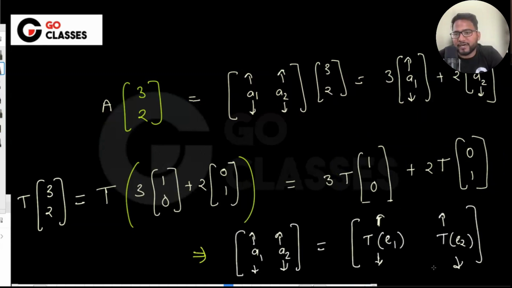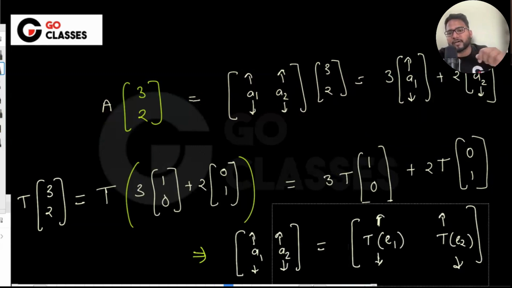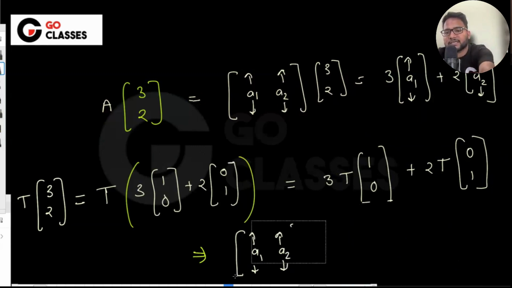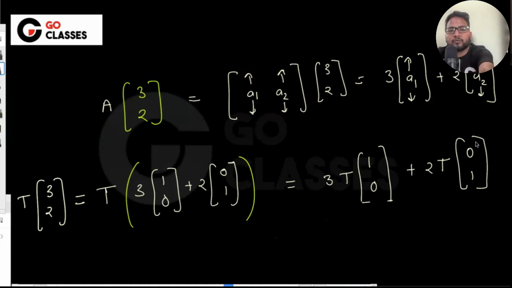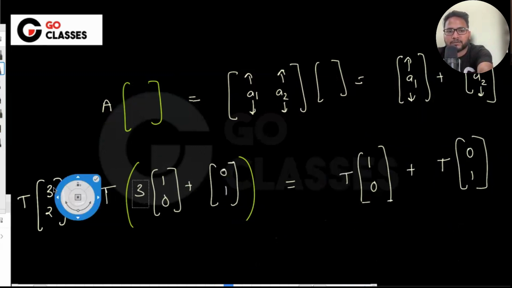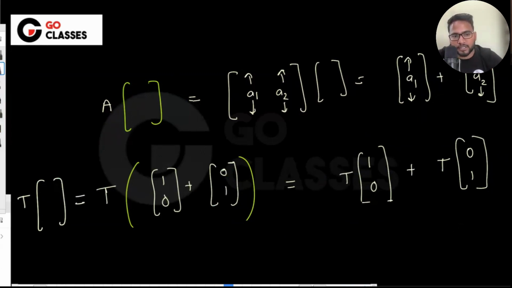Now if you want, you can definitely generalize this. There is no need of 3 and 2. You can write in terms of x and y also. The (3, 2) was just an example here, but you can write here x, here y, here x, here y.